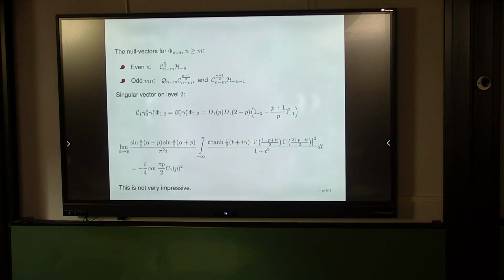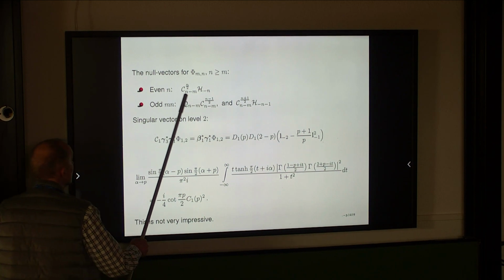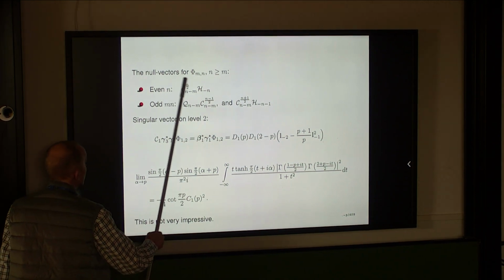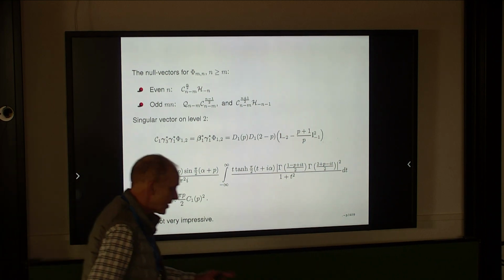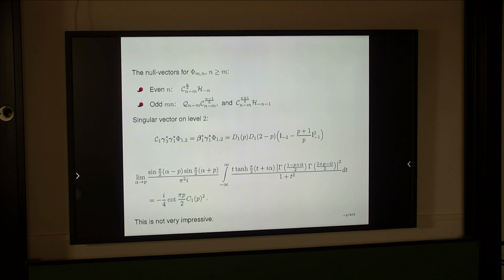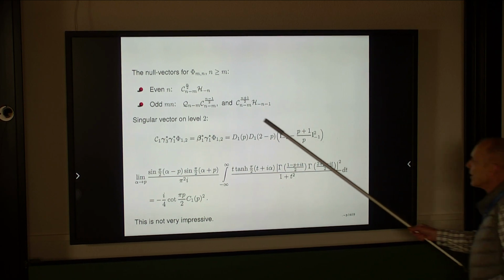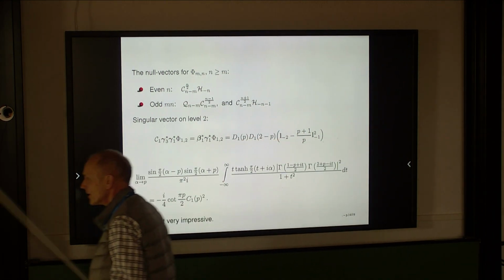For even n you take the space with charge minus n, so more gamma stars than beta stars, and then you act by this operator, and this is one null vector.